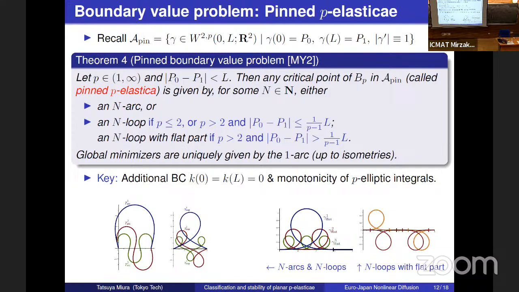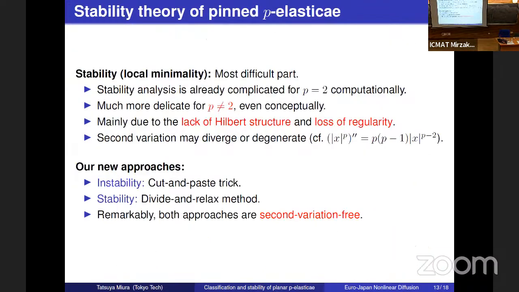This is done in our second paper, and then we entered the stability analysis of those critical points, and this is actually the most difficult part of this talk. In the p-elastic problem, even in the classical case that p is equal to 2, the stability analysis is a little bit complicated computationally, and our problem is harder than that.